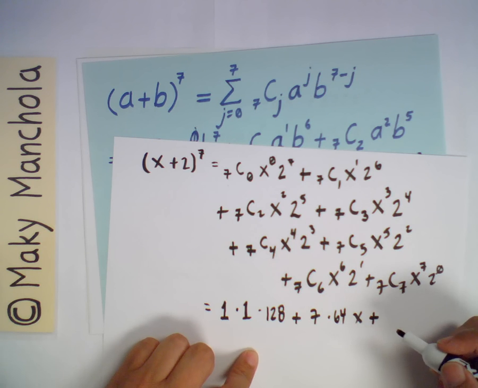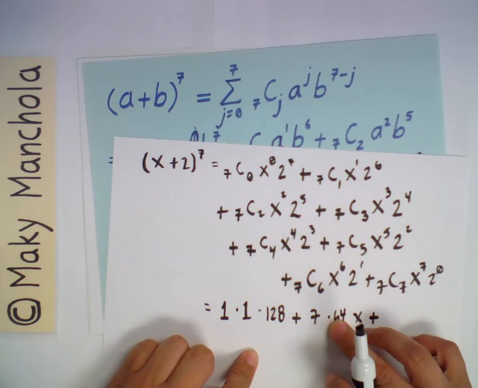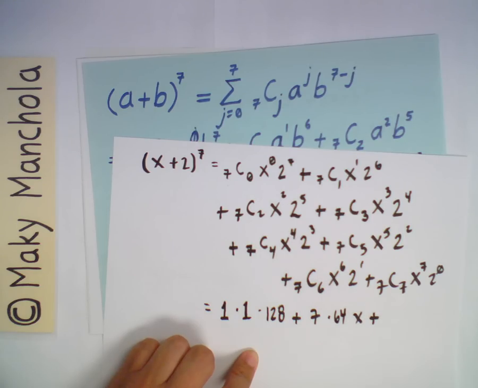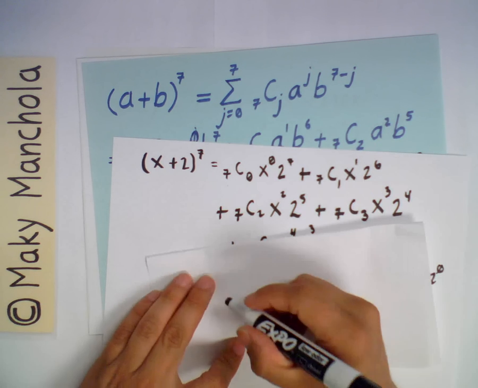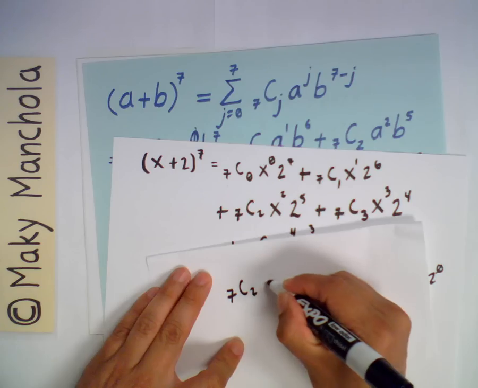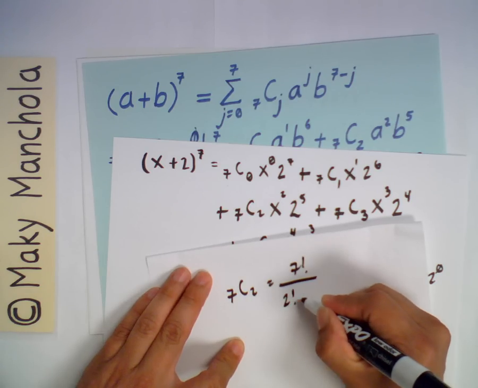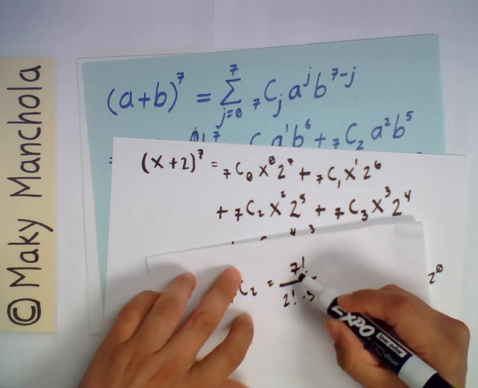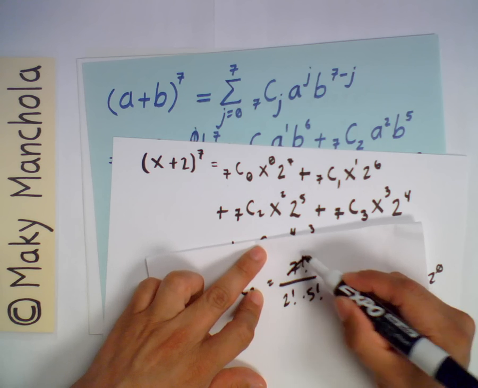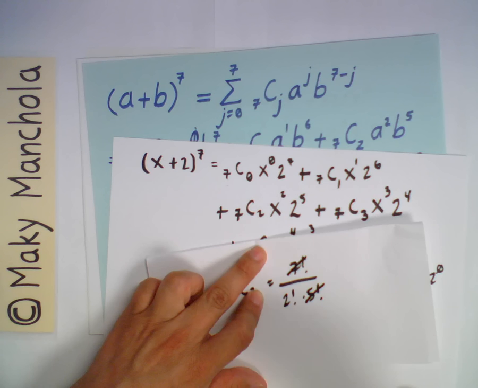Plus 7 choose 2. For 7 choose 2, you can use a calculator, or you can use the formula. 7 choose 2 is 7 factorial over 2 factorial times 5 factorial. The 7 factorial and the 5 factorial do cancel out.